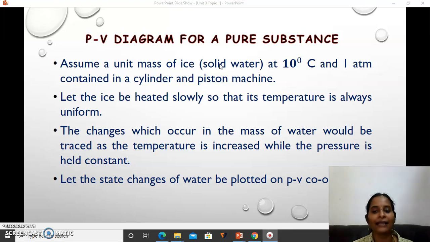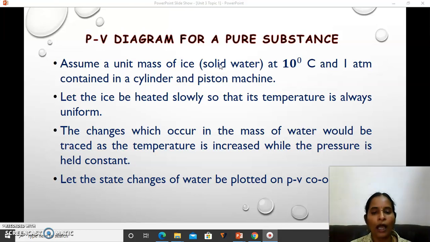It may exist in more than a single phase, and then it is not physically homogeneous, but chemically it is homogeneous. And if the substance does not undergo any changes during the processes, then we can consider that matter also as a pure substance.